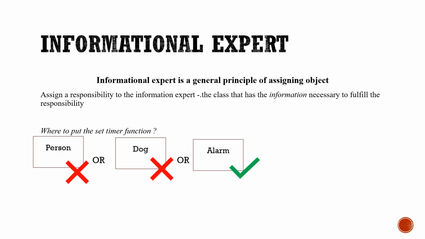We put it in the alarm class not because of just intuition, but because of a particular provable pattern, information expert, and also by having all the information, we don't add more complicated logic because it's the closest class that has everything to fulfill the responsibility.